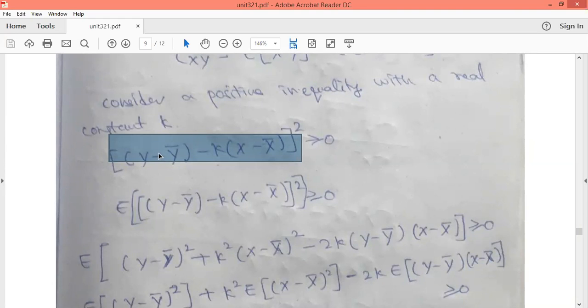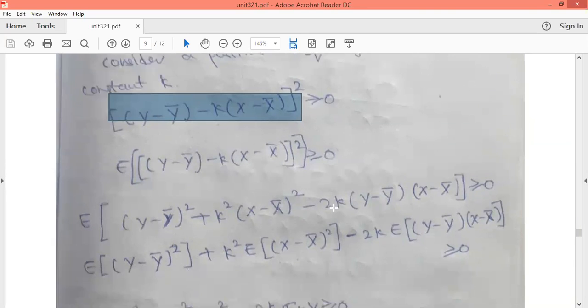So the expectation of (y minus y bar minus k into (x minus x bar)) whole square is always greater than or equal to 0.